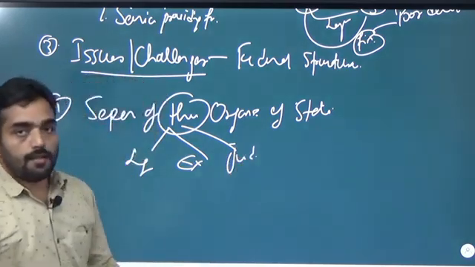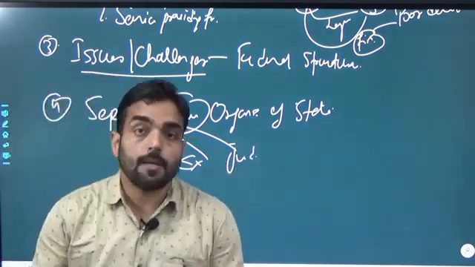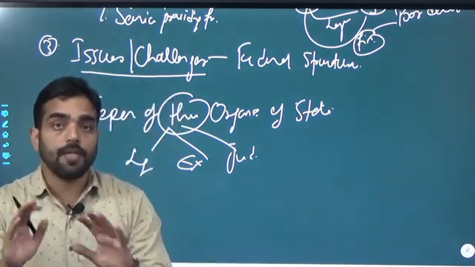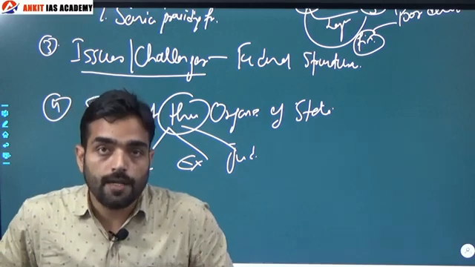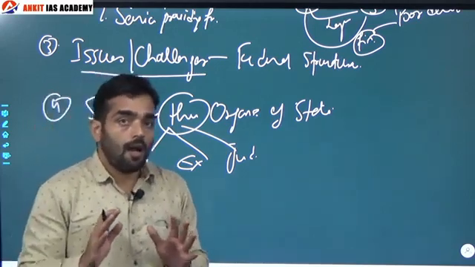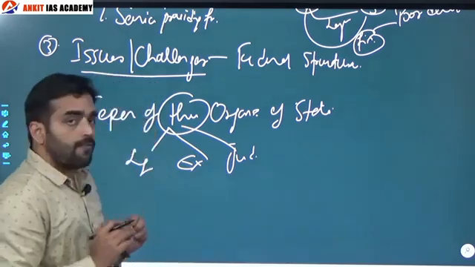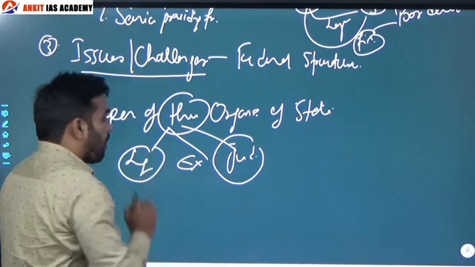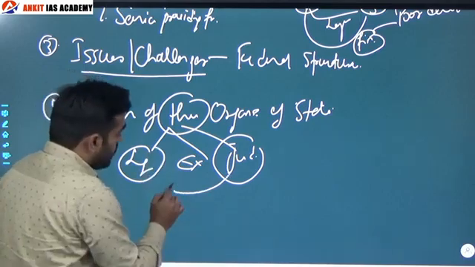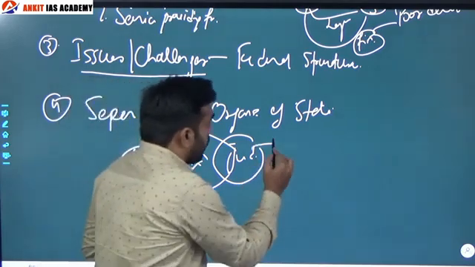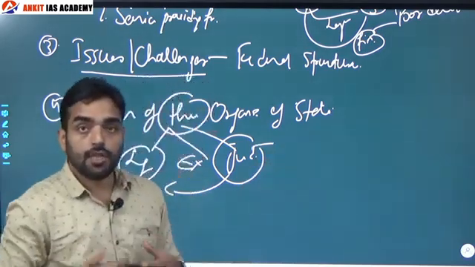So in India, the separation is not watertight. There is also interdependence between the three organs of the state, and therefore there are also issues between these three organs. For example, the legislature makes law, but the judiciary can strike down that law. Then the judiciary is accused of judicial activism, judicial overreach.